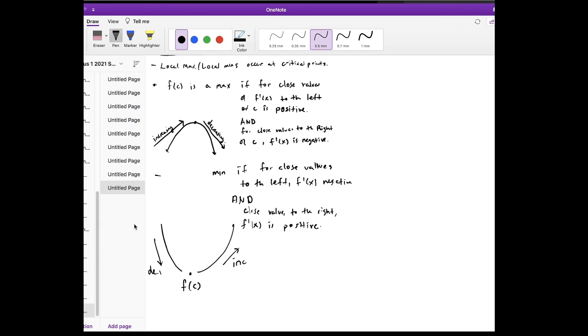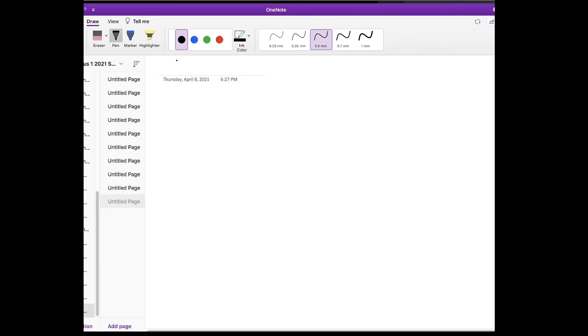Okay. So if the derivative does not change sign at c, what do you think is true about f of c?